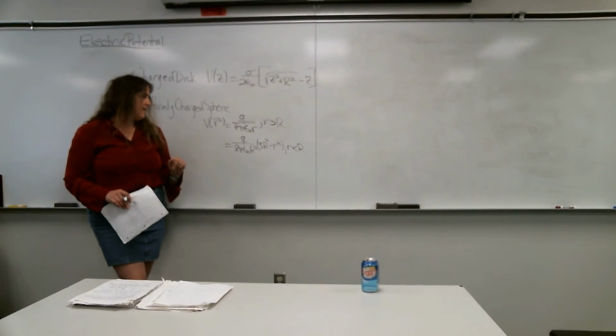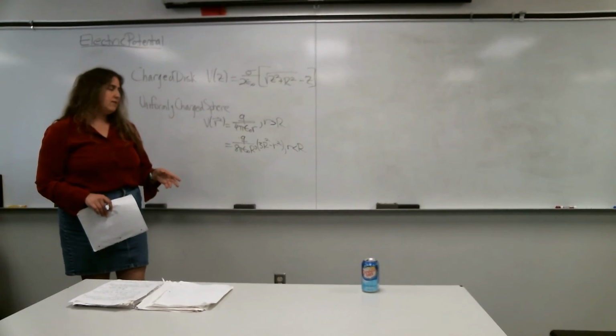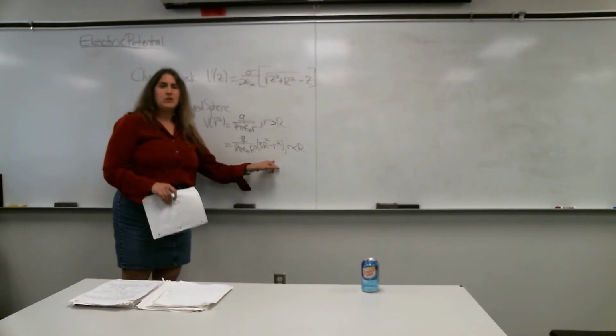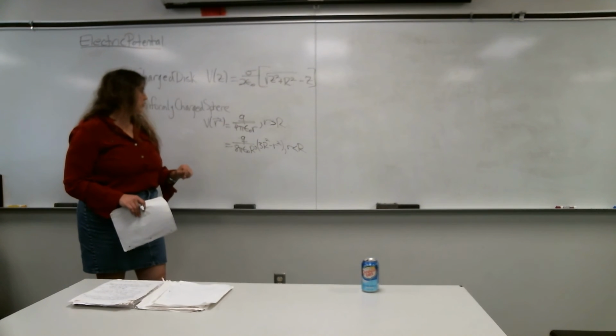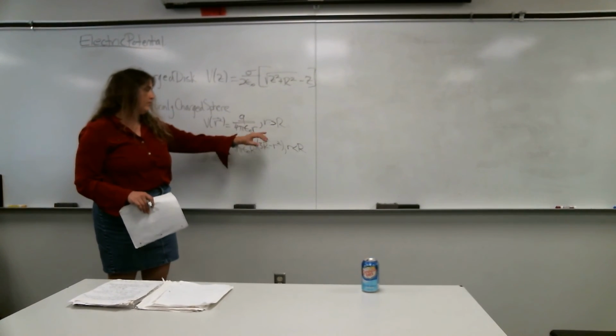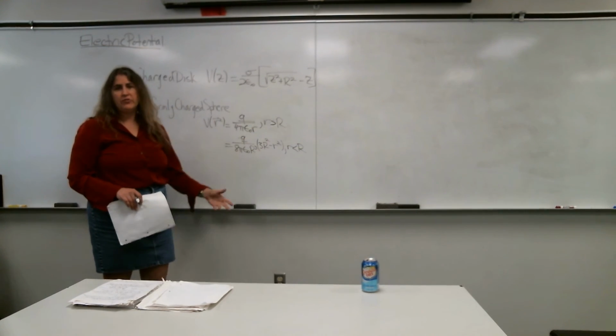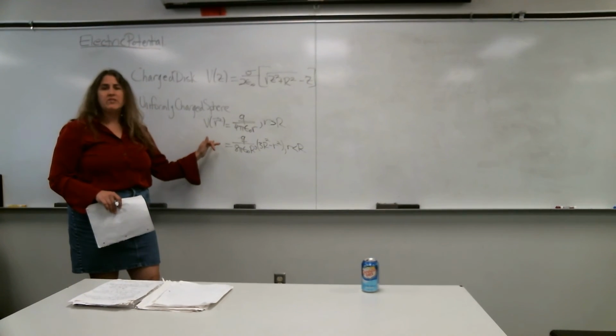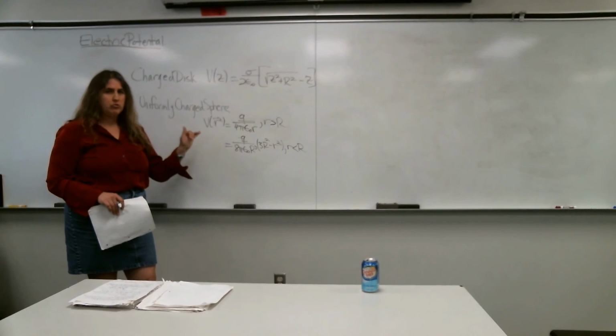And again, the only place the electric field vanishes is at the center. You will notice that at the boundary, these two expressions give the same answer because your potential is continuous across boundaries.